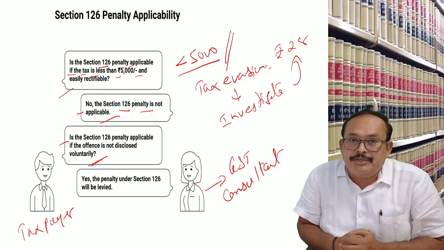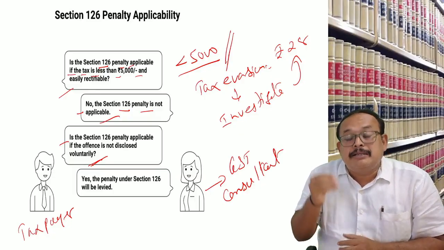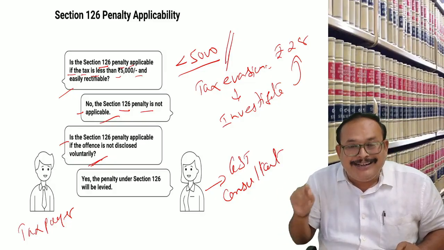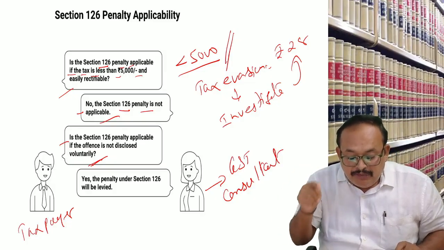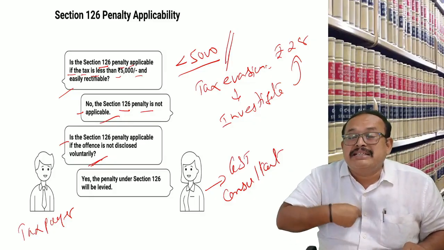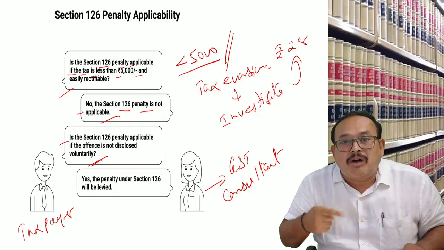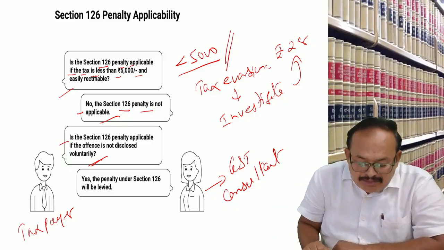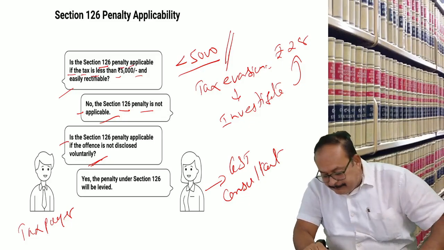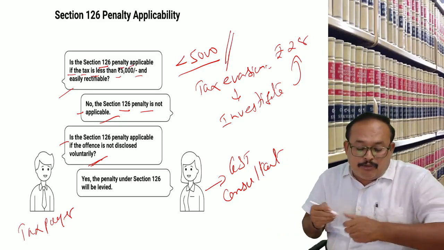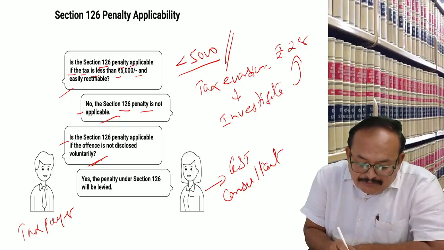Then in that case, the consultant says that yes, the penalty under section 126 will be levied only when it is not disclosed by the taxpayer voluntarily. See, what is the point asked? Is section 126 penalty applicable if the offense is not disclosed voluntarily?